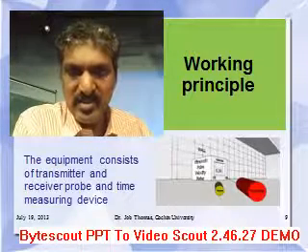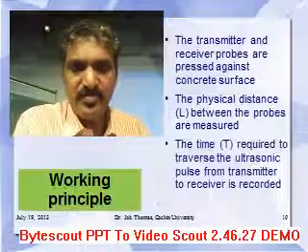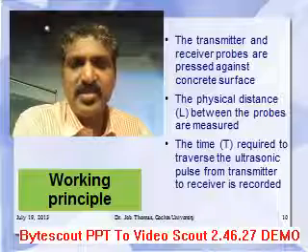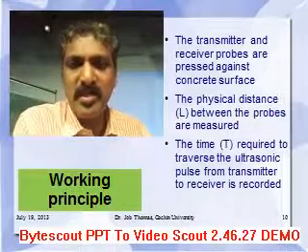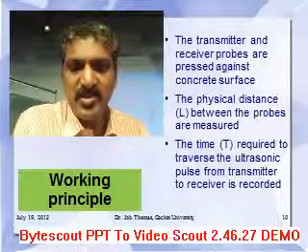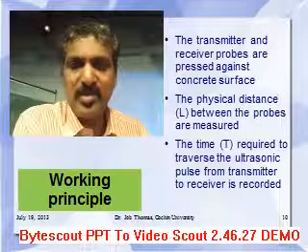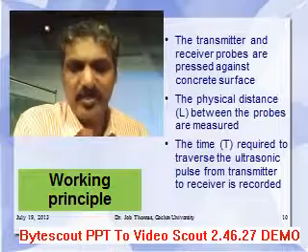The red color one is the transmitter, and the green color one is the receiver. The transmitter and the receiver probes are pressed against the concrete surface where the testing is to be done, and the physical distance between the probes is measured, and then the time required for the ultrasonic pulse to traverse from the transmitter to the receiver is recorded.